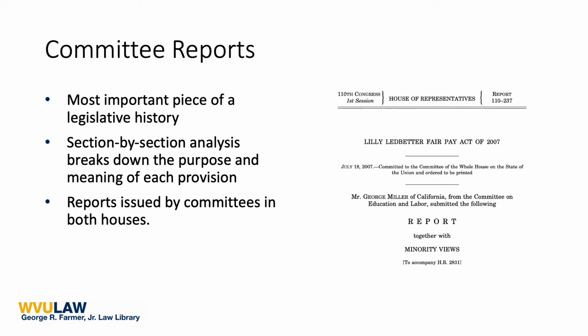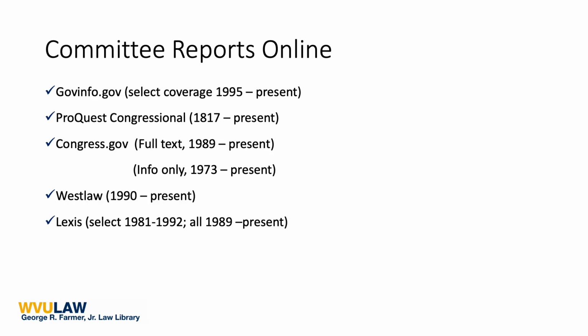In the top right corner, you see the report is numbered 110-237, meaning that this is the 237th report from the 110th Congress. And this would be styled HR 110-237. Committee reports may be found at congress.gov, govinfo.gov, on ProQuest Congressional, Westlaw, and Lexis.